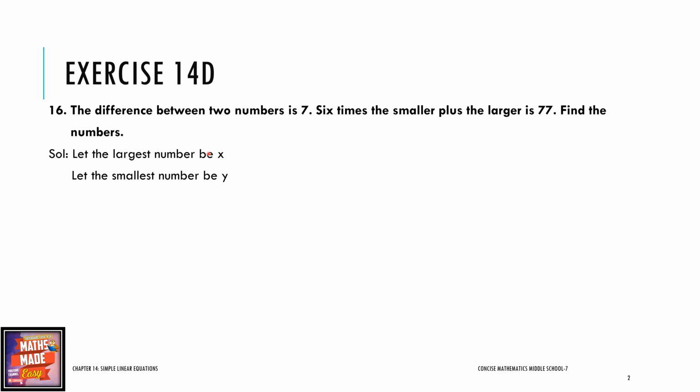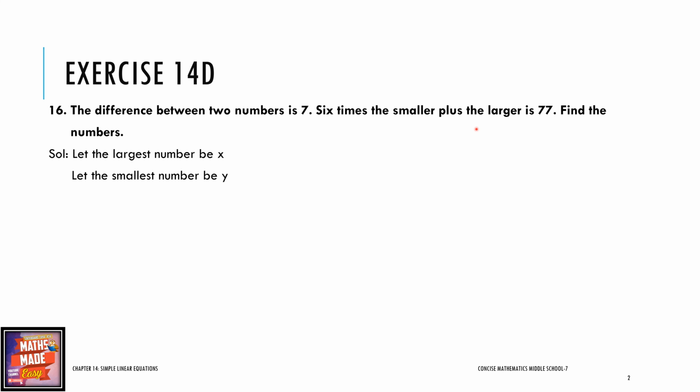Which is the larger number here? x, right? So plus x. So the statement is clear. Listen carefully, children. 6y plus x is equal to 77, right? This is the statement we got from the expression.